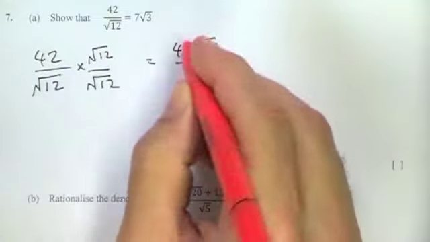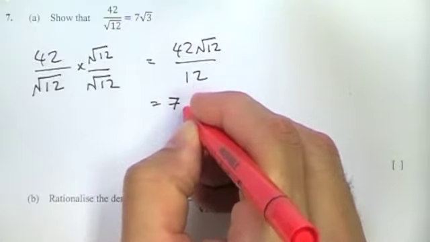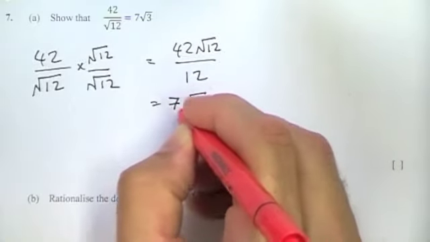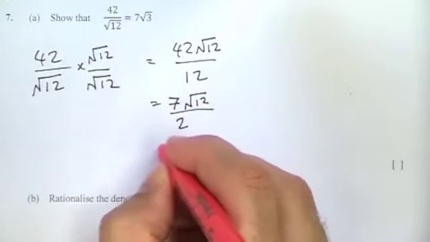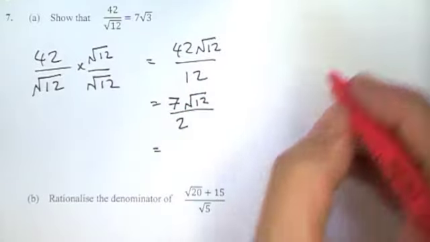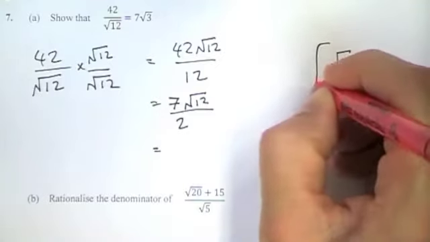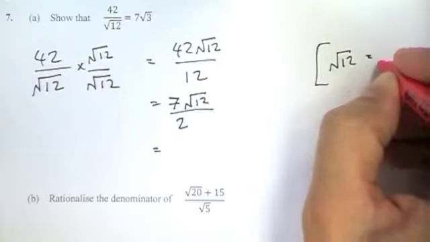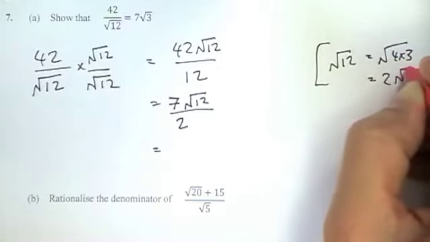I can cancel out a factor of 6 there, so that's going to give me 7 root 12 over 2. But root 12 can actually be expressed as, don't forget, root 12 equals root 4 times 3, which equals 2 root 3.